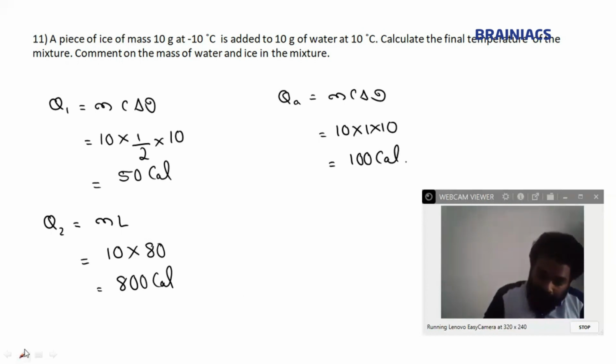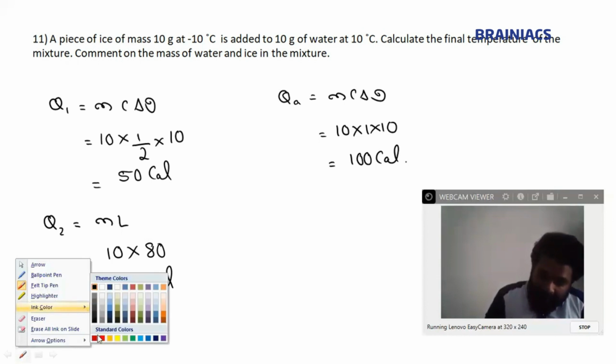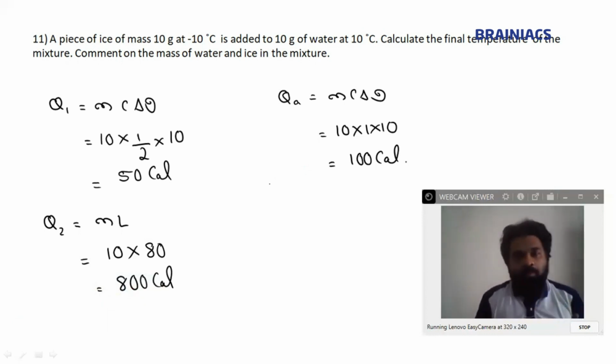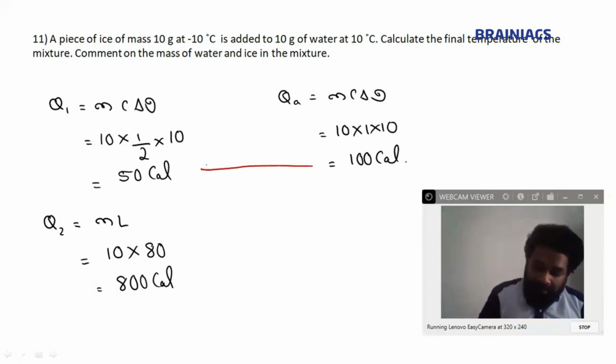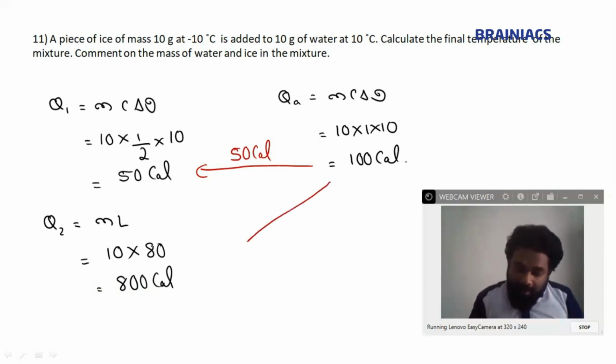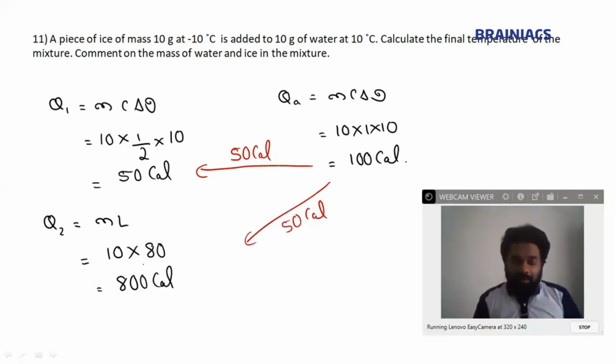So you should understand the logic, children. So here 100 calorie he is ready to supply if he converts into full water at 0 degree Celsius. In this process 50 calorie can be given for ice to become water. Remaining 50 calorie is there. With that only ice can convert into water.